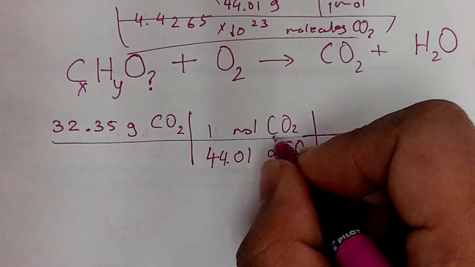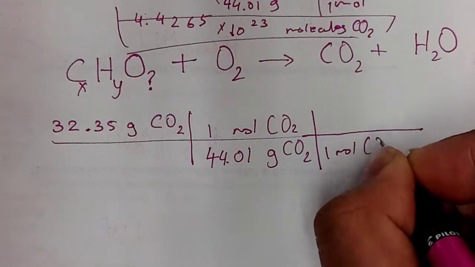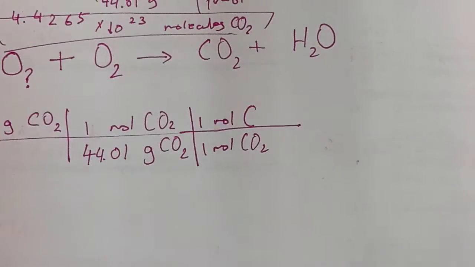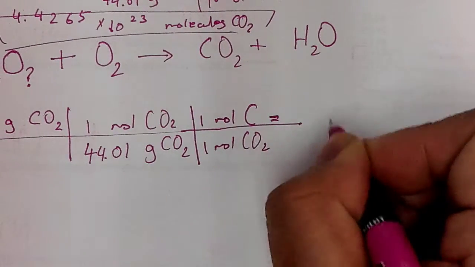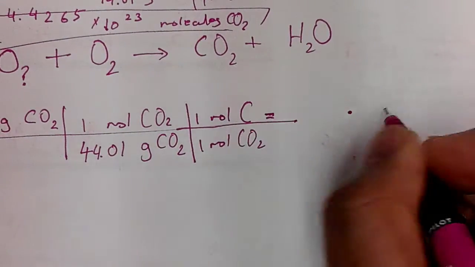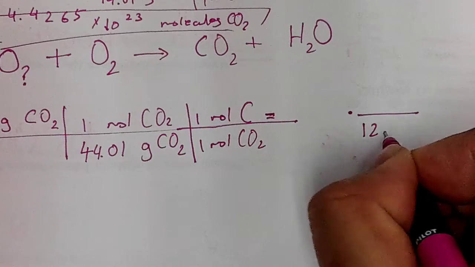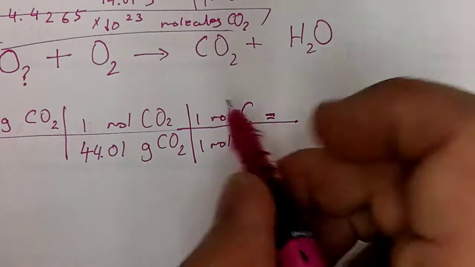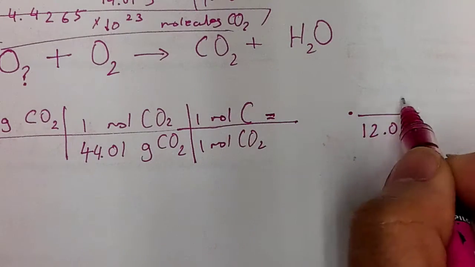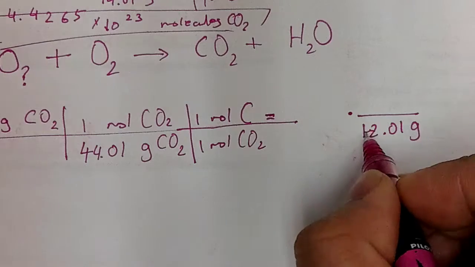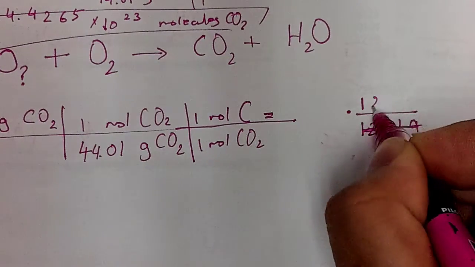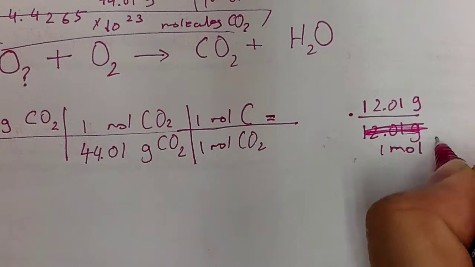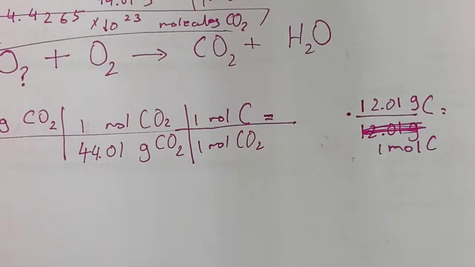Now we notice that 1 mole of CO2 is the same thing as 1 mole of carbon because there's only one carbon. Then arrows, leave a little space, and now I'm going to convert it to grams. So that is 12.01 grams. Notice that I just wrote it wrong, because I'm going to get moles, so moles should be on the bottom and grams should be on the top. So let's do that again: 12.01 grams per 1 mole of C, right? So that we'll get the grams of C.